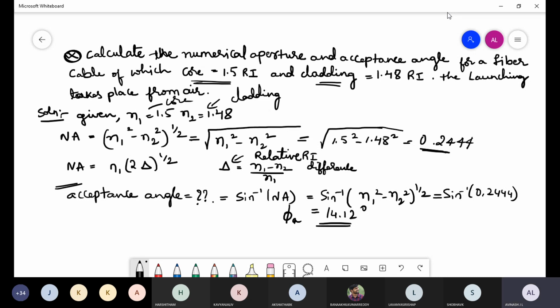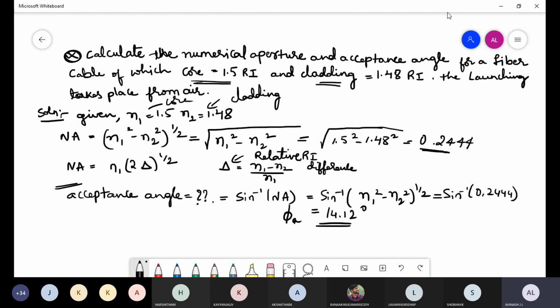So this is the numerical. They will be asking for 4 to 5 or 6 marks in the examination: calculate the numerical aperture and acceptance angle for the fiber cable whose core refractive index is 1.5 and cladding refractive index is 1.48.